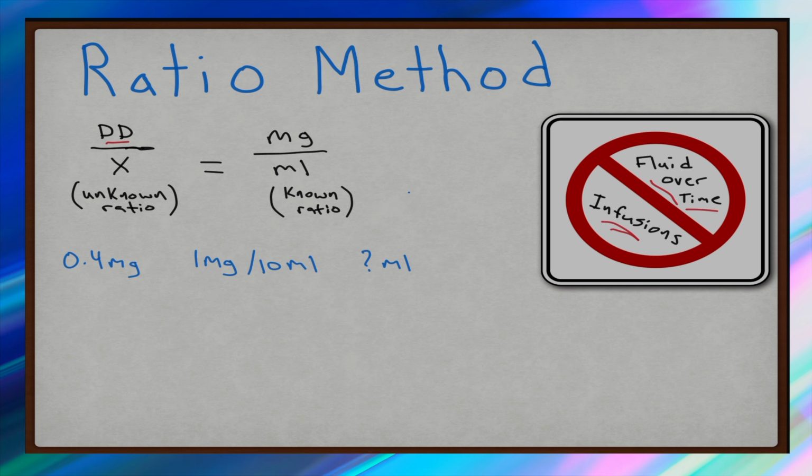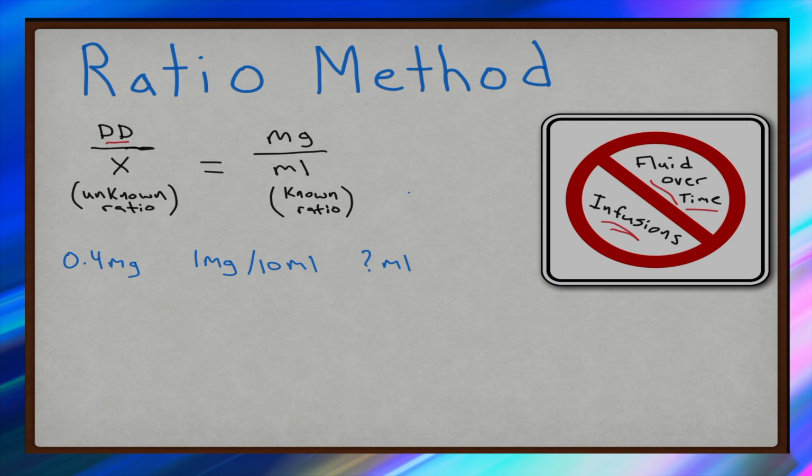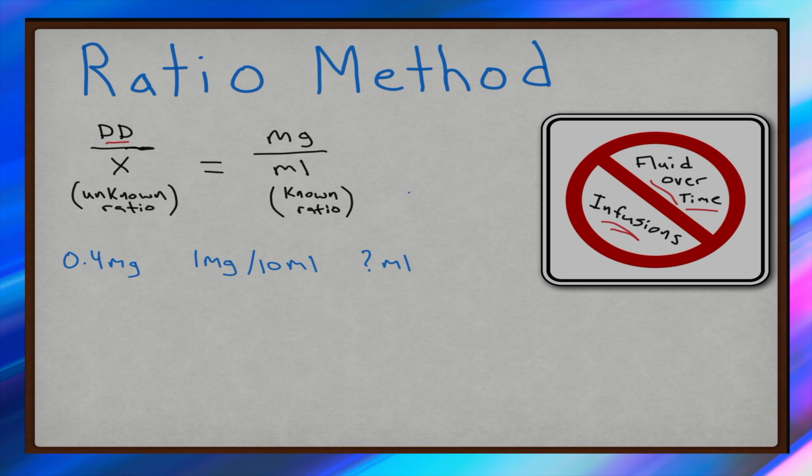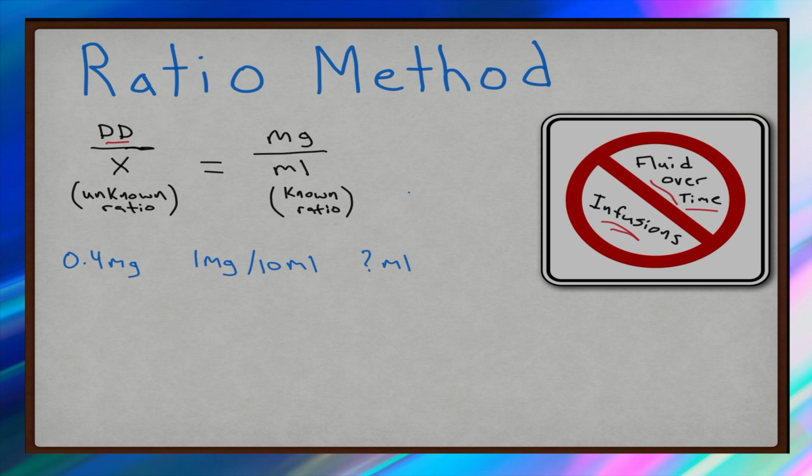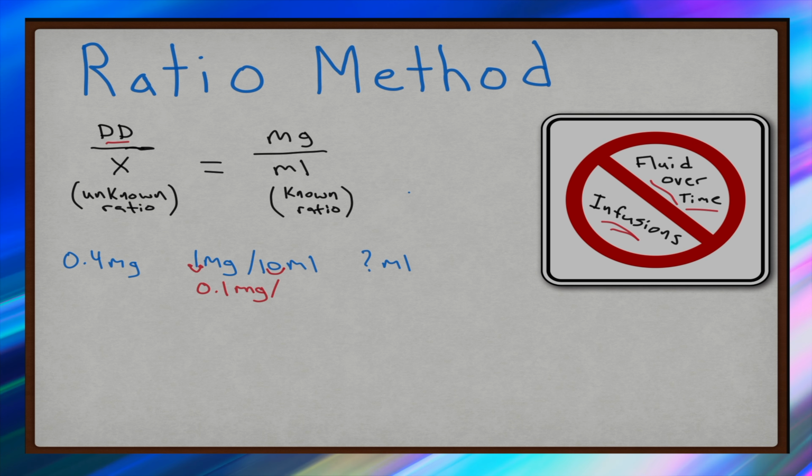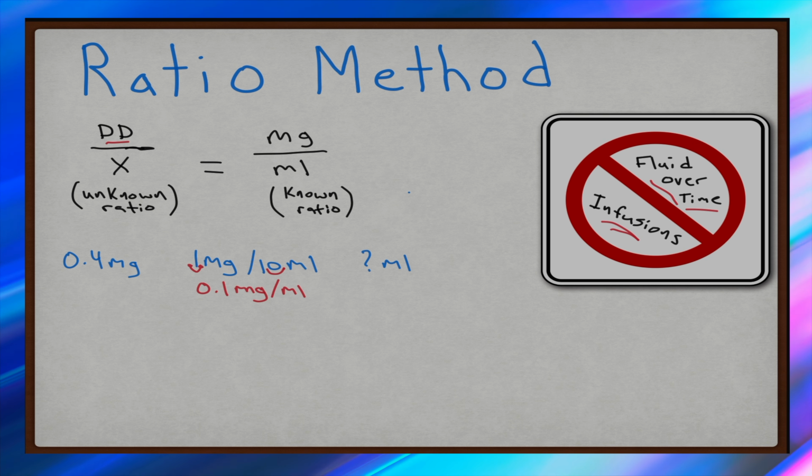The first step is going to make our multiplication a little bit easier, and that's going to be to reduce my medication concentration down to the amount of medication per 1 milliliter. So because I have 10 as my denominator, I can go ahead and move the decimal place one place to the left on this side, do the same thing on this side, and I get 0.1 milligrams per milliliter.